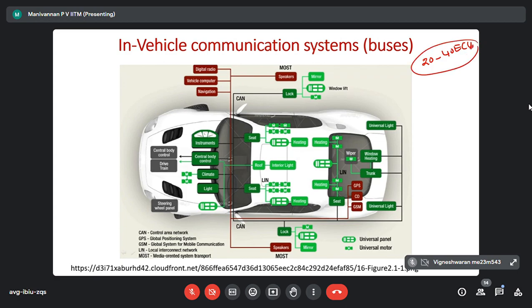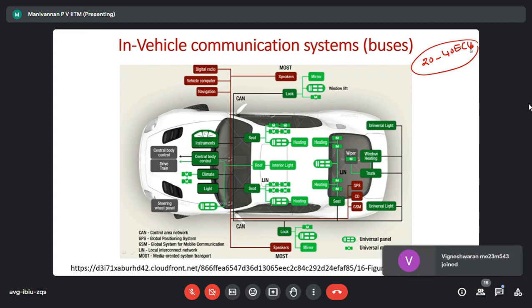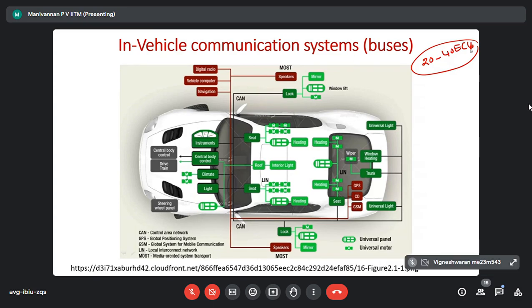Correct? ABS has a microprocessor and a program; that is a separate ECU. Correct? Engine ECU, brake ECU, body electronics, infotainment electronics, correct? Traction control. For each and every seat, smart seat, adjusting seat, all those things, air conditioning control, climate control. Like that, there may be up to 20 to 40 ECUs.